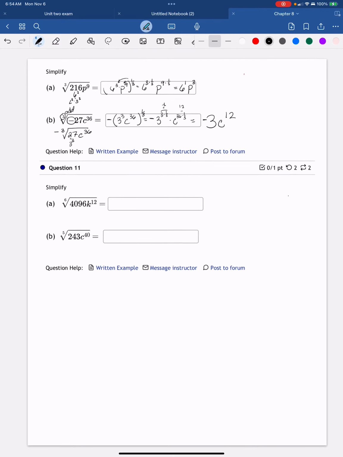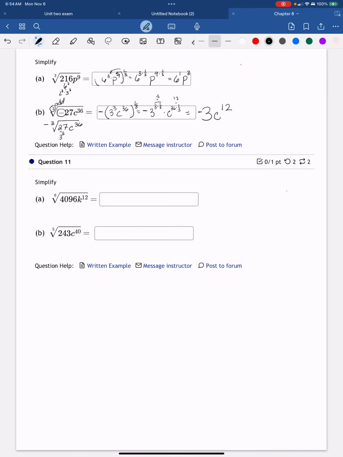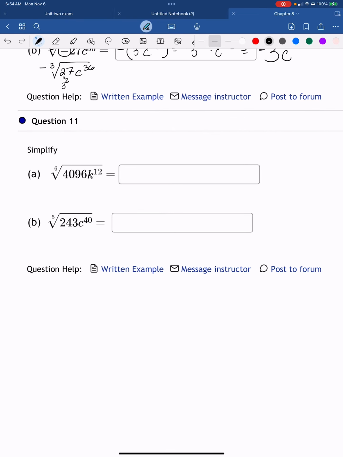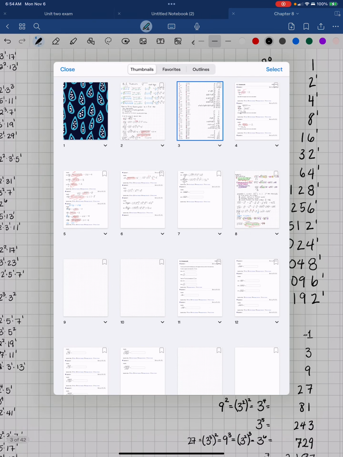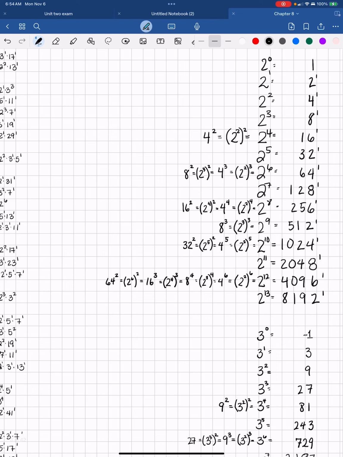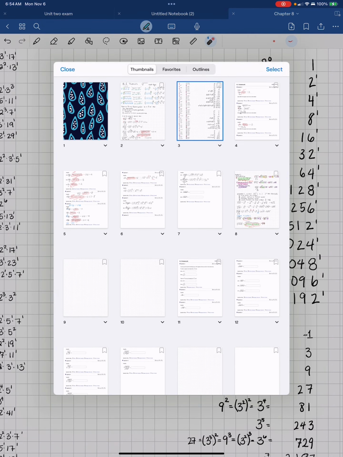And last up, 4,096. If we go back to this table, we can see 4,096 is 2 to the 12th or 4 to the 6th. So we've got either way how we want to go about it. Let's go back to the problem. Where are we? Okay.